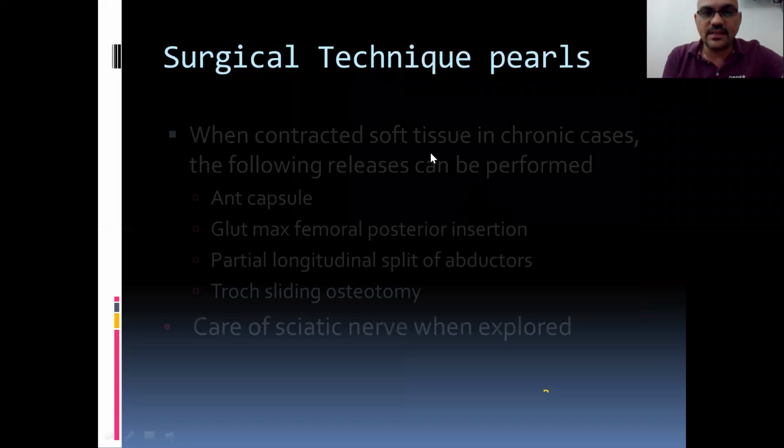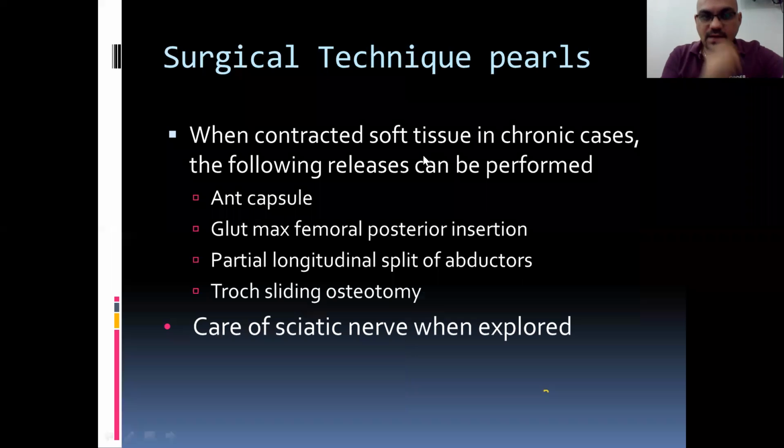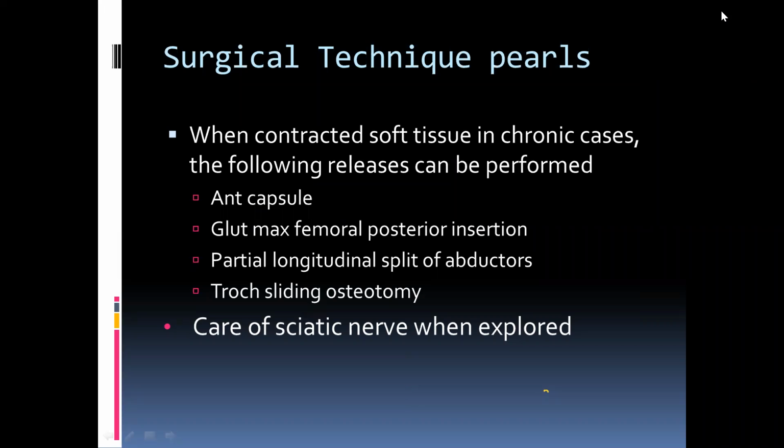So, surgical technique. Regarding the soft tissue contracture, in very chronic cases, the following release can be done. After you have the approach, posterior or anterior, you have to take down the anterior capsule in order to release it.